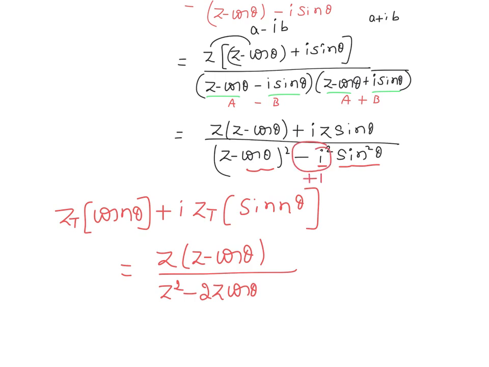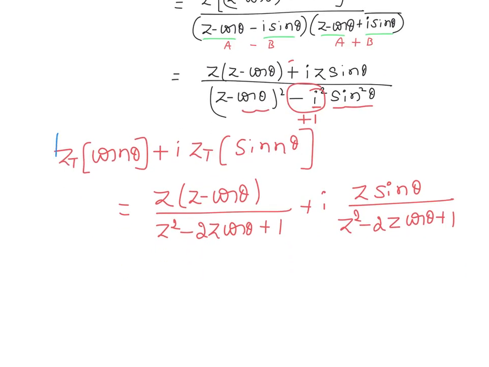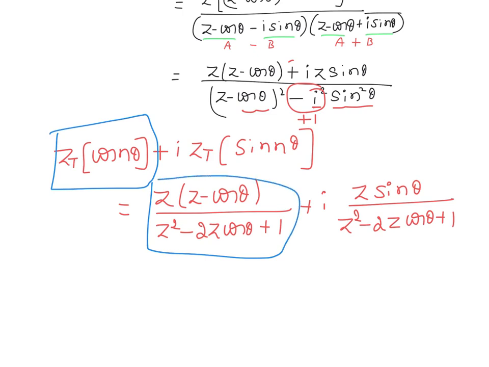Since i square is minus 1, we get cos square theta plus sin square theta, which is plus 1. And we have plus i z sin theta divided by the same denominator z square minus 2z cos theta plus 1. Comparing both sides, real is cos n theta, and imaginary is sin n theta.